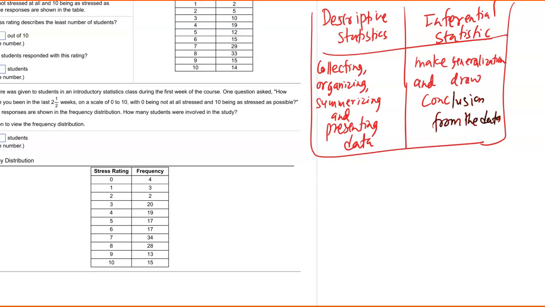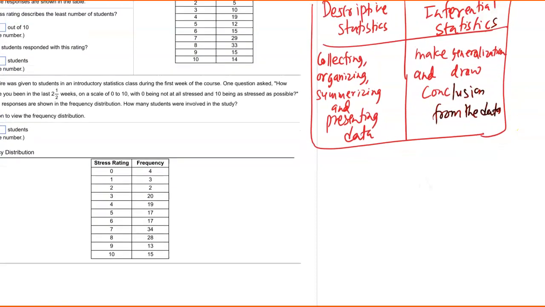In other words, descriptive statistics is concerned with collecting, organizing, summarizing, and presenting the data. But in inferential statistics, we make generalizations of the data and draw the conclusion from the data. That's what inferential statistics does.